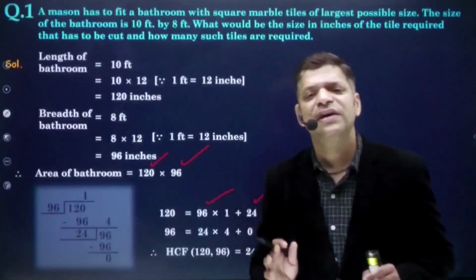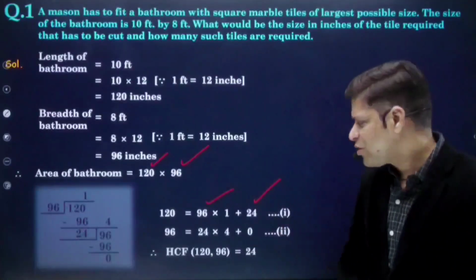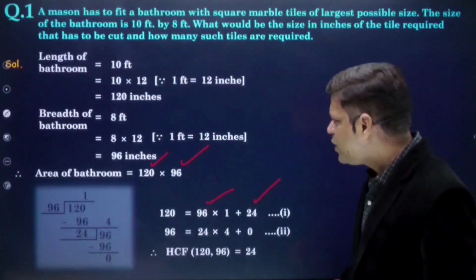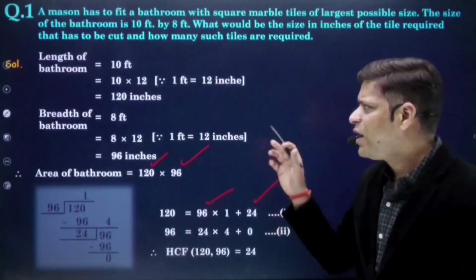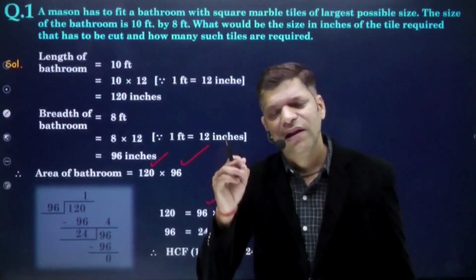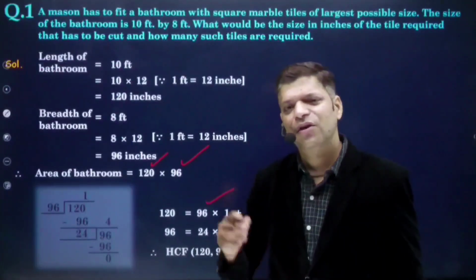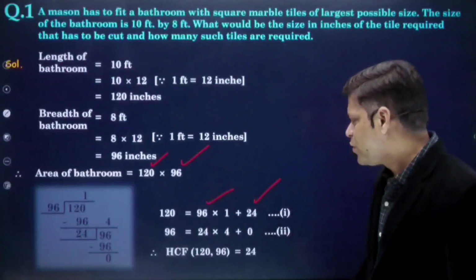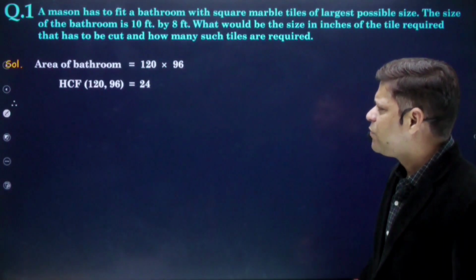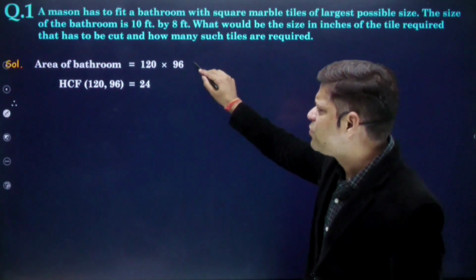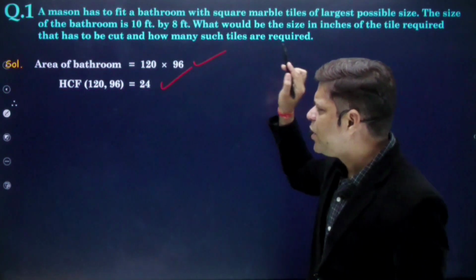So here first we found the highest common factor of 120 and 96, that is, the highest common factor of the length and breadth of the bathroom. As we found, the HCF is 24.